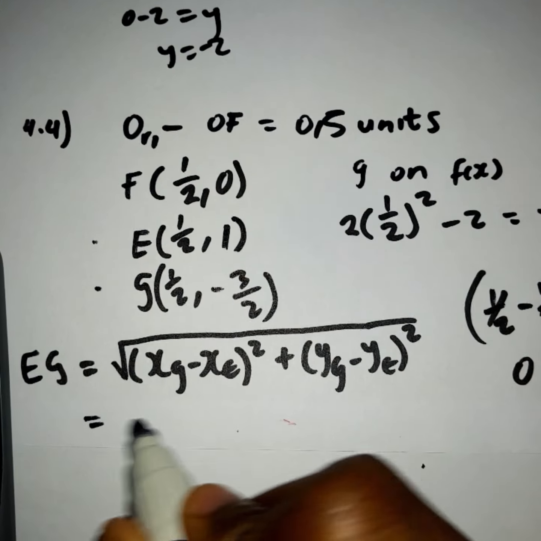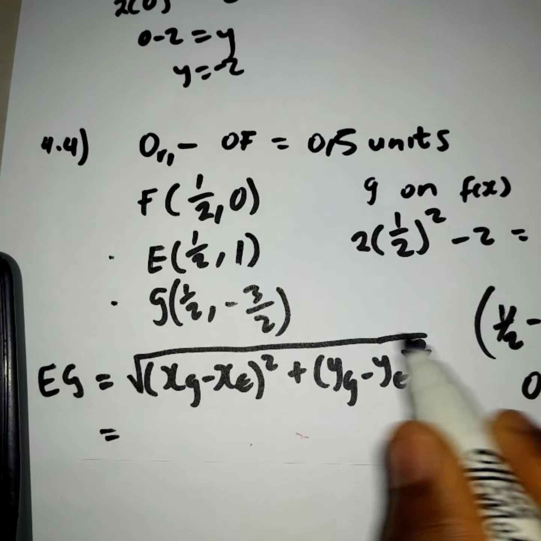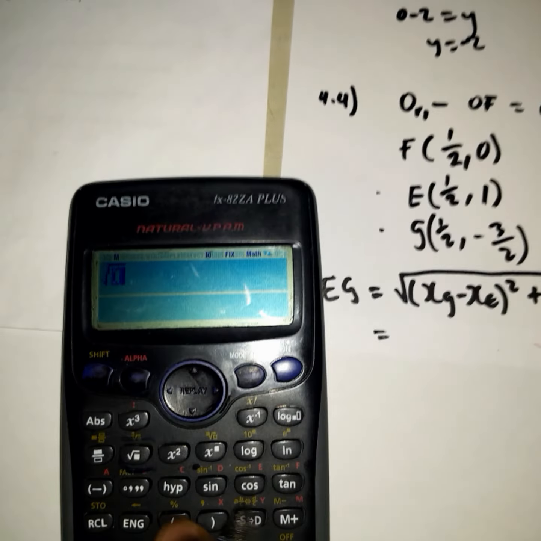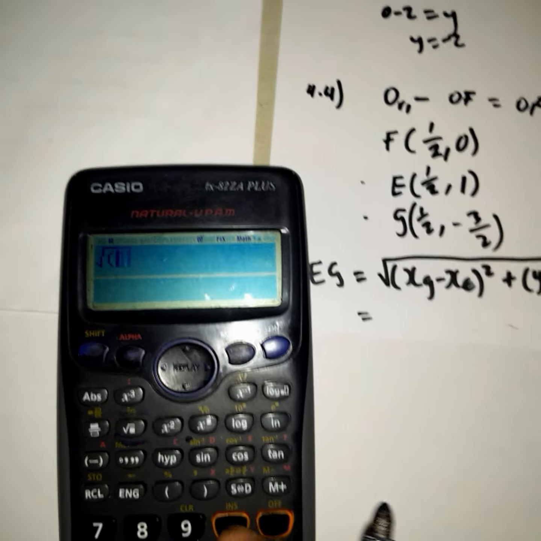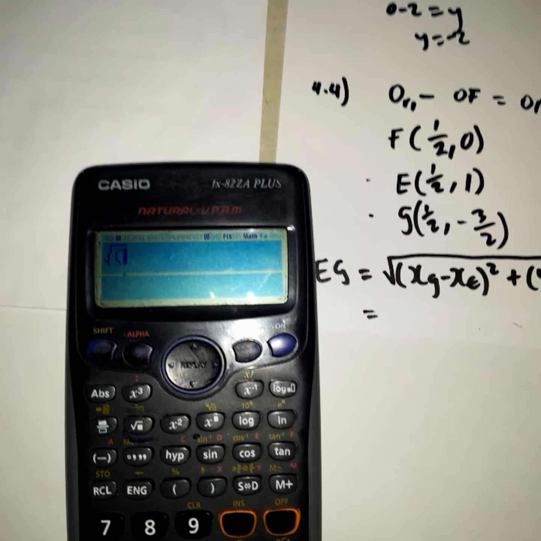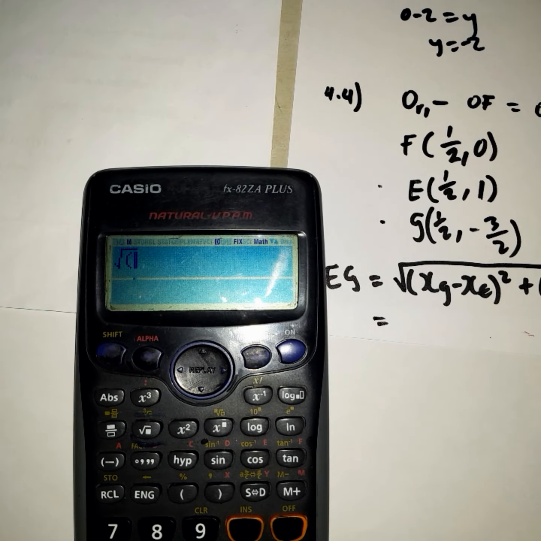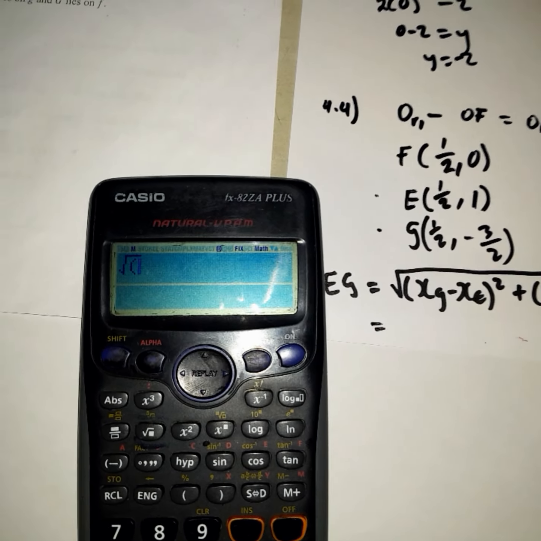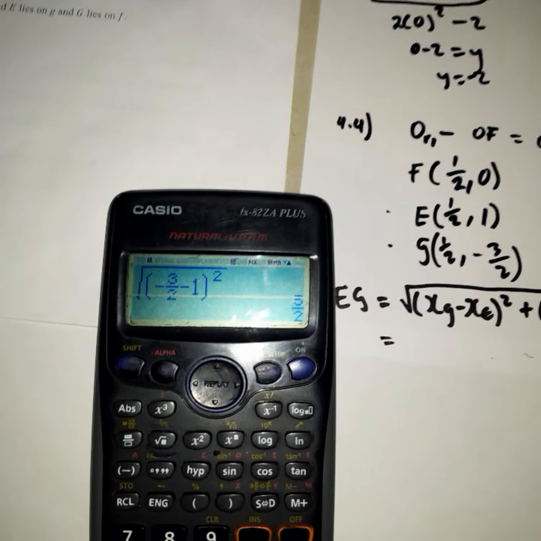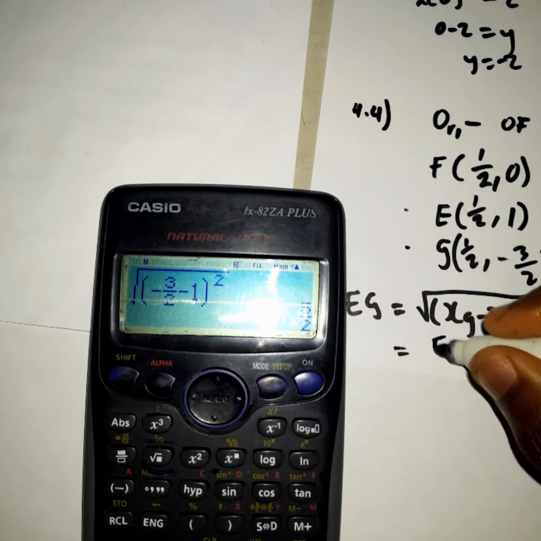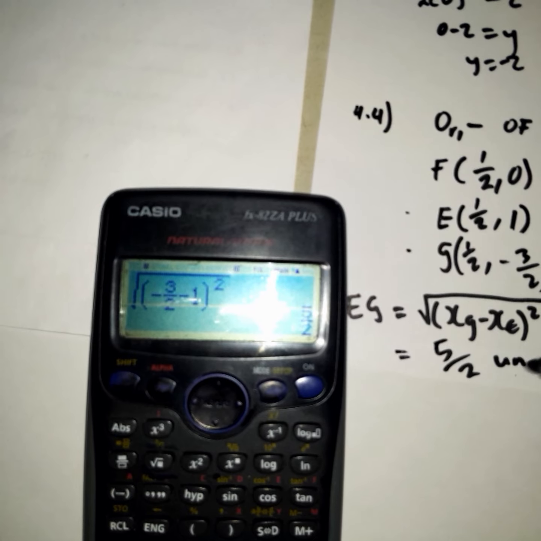In the calculator we can just punch the y part: negative 3 over 2 minus 1, all squared. The answer is 2,5 units.